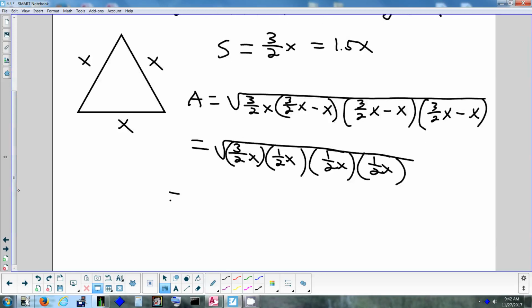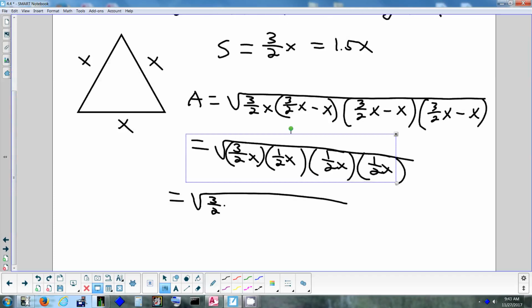All right, so what I'm doing is multiplying everything that's under that root. 3/2 times x times 1/2 times x times 1/2 times x times 1/2 times x. So rather than have it number, letter, number, letter, all the way down, let's put number, number, number, number, letter, letter, letter, letter. We'll regroup it so the like terms are next to each other.